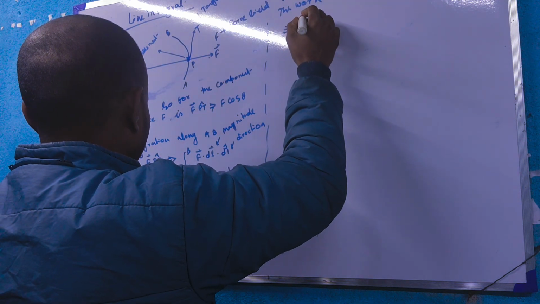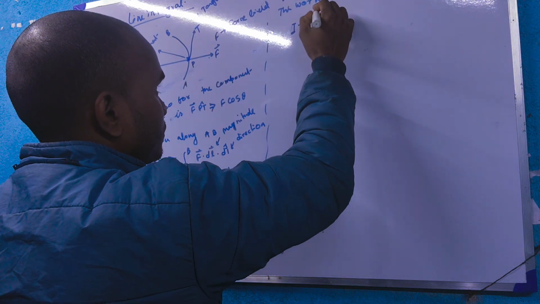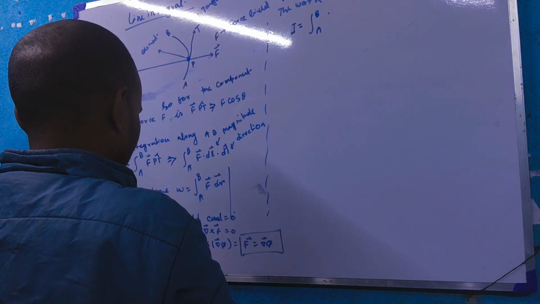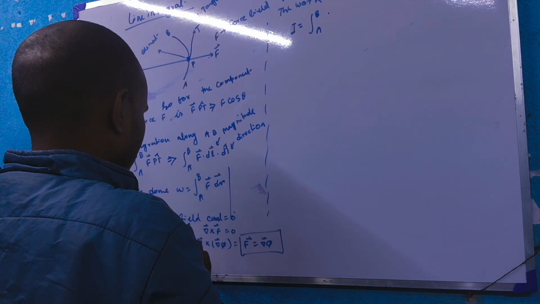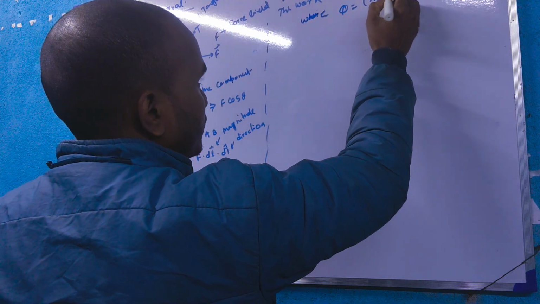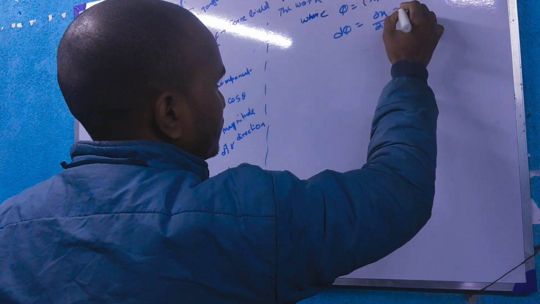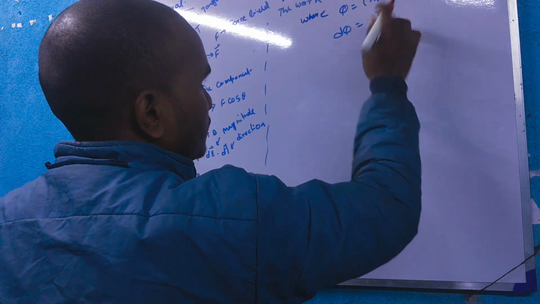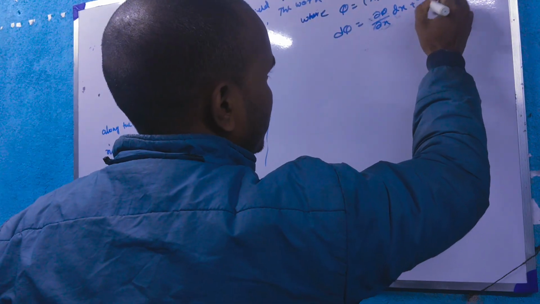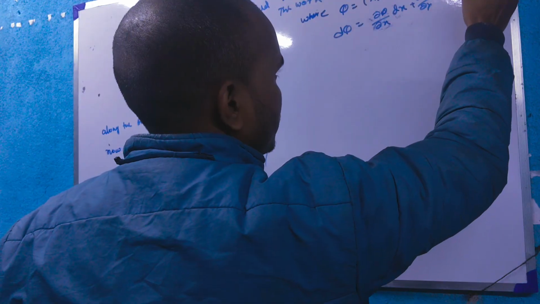After that, the integration I is equal to the integration from A to B of del phi dot dr. Here phi is a function of the x, y and z components, where del phi is equal to del phi by del x into dx plus del phi by del y into dy plus del phi by del z into dz.